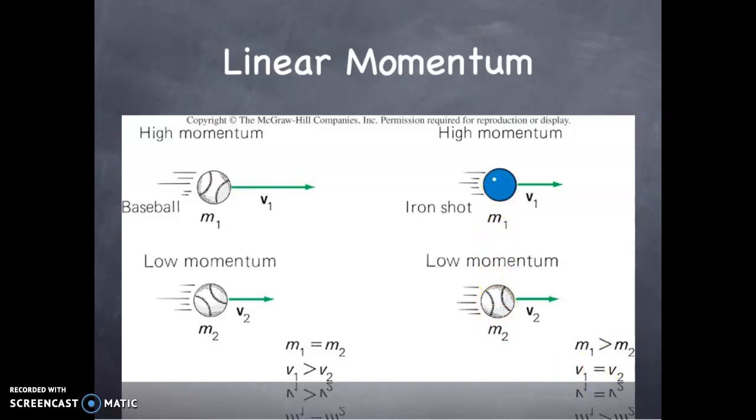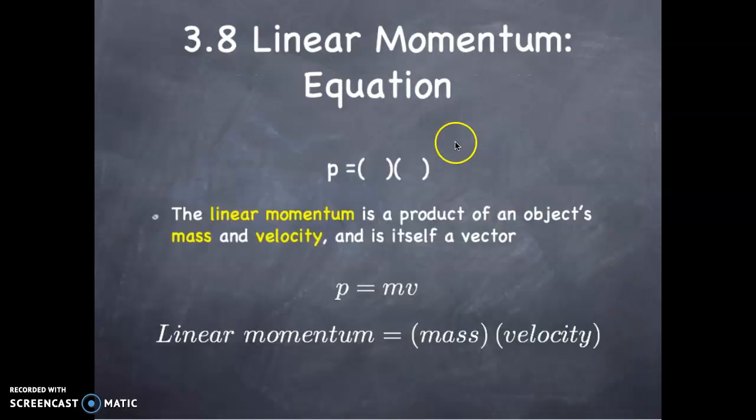So the mathematical equation multiplies two quantities. Linear momentum is a product of an object's mass and its velocity, and it is a vector quantity. And so the magnitude of linear momentum is m times v.